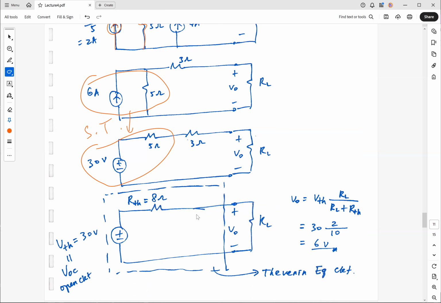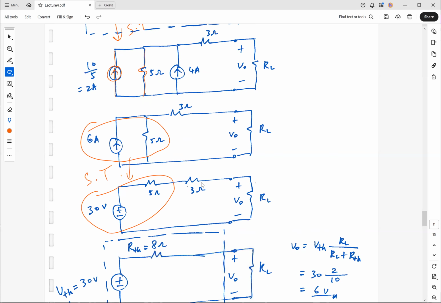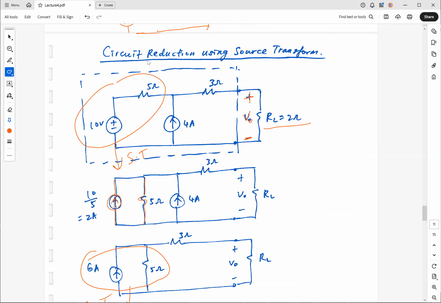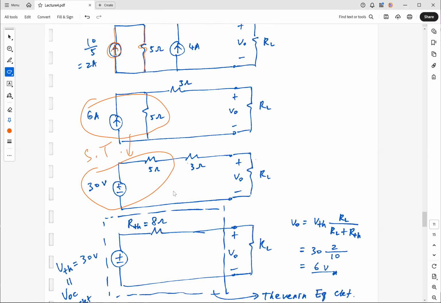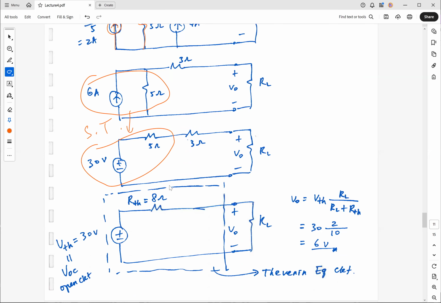So let's quickly go back here. This is my starting point, right? This is my starting point. So if I go from this circuit, consisting of 4 components, 2 sources, 2 resistors, down to something that looks like this, where I only have 1 voltage source and 1 resistor, okay?